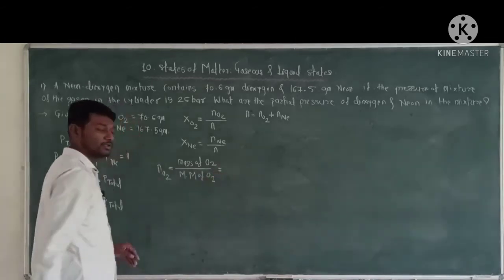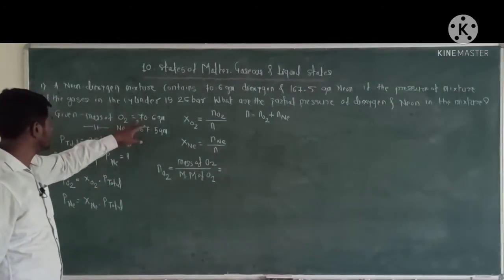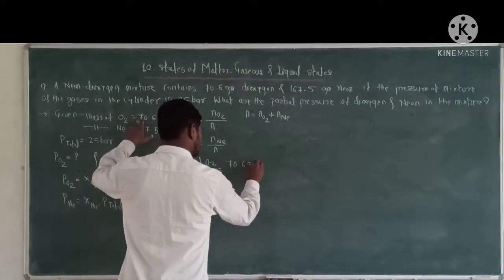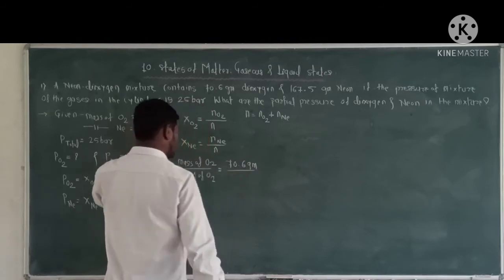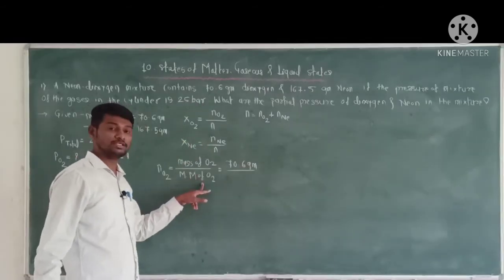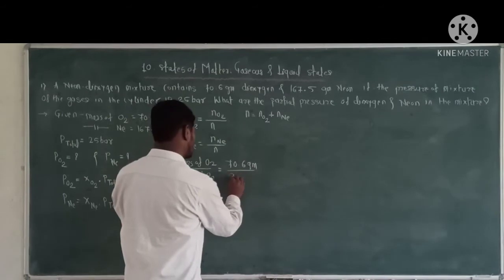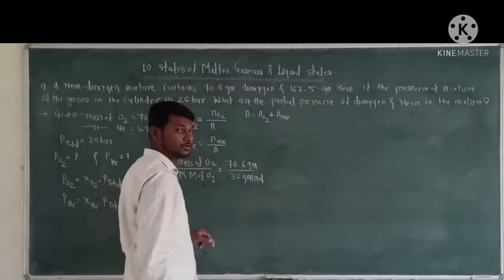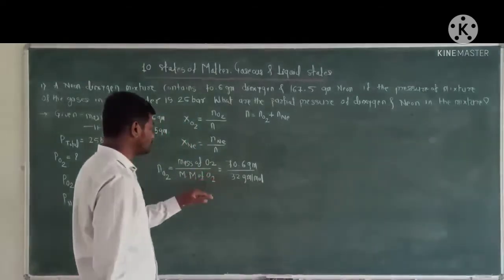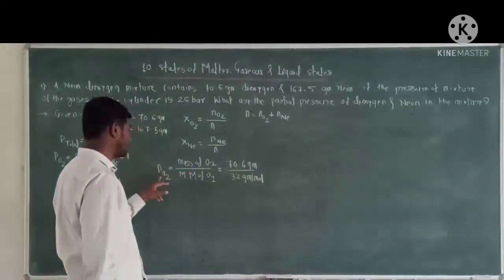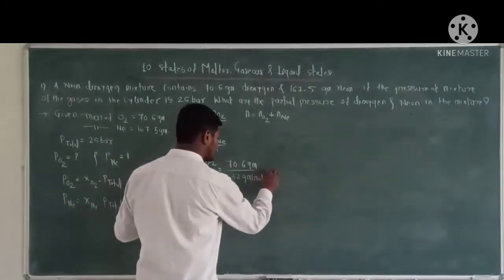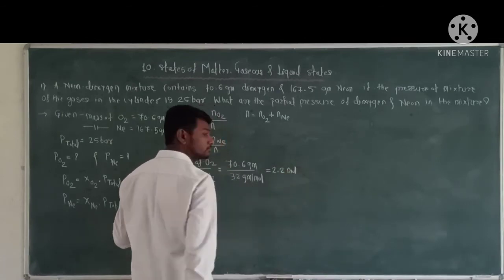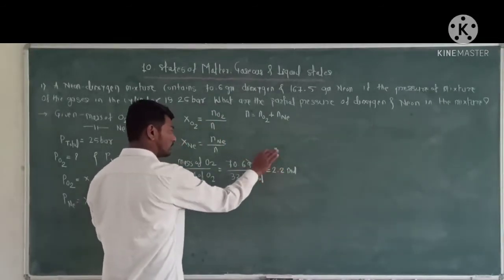The mass of dioxygen is given, that is 70.6 gram divided by molar mass of dioxygen, 32 gram per mole. Solve this equation, we get the number of moles of dioxygen, that is 2.2 mole. Gram gets cancelled, per mole converted into mole.